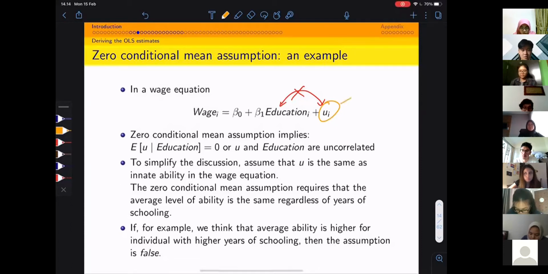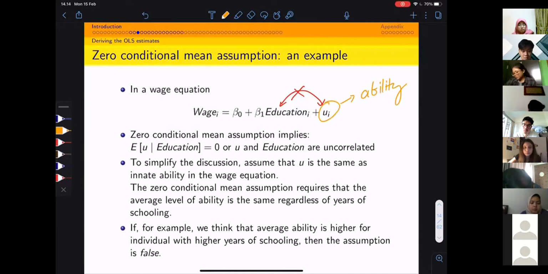In this particular case, I'm just going to take ability. So ability could be knowledge, it could be their motivation, and stuff like that. The question is whether ability correlates with education or not. If ability doesn't correlate with education, then your zero conditional mean assumption is fulfilled. But if ability is actually correlated with education, then the zero conditional mean assumption fails.